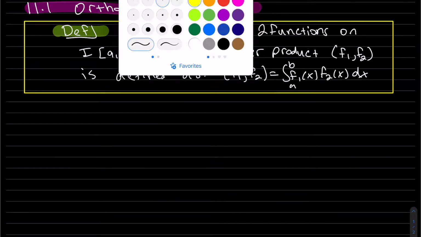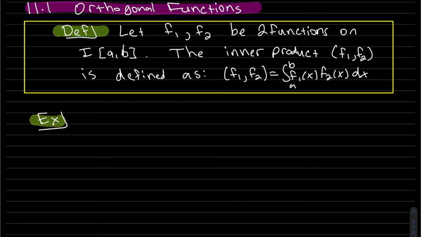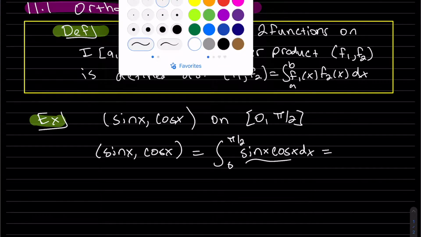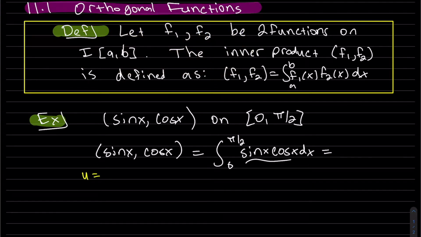Here's an example. The inner product of sine of x and cosine of x is the integral of the product of those two functions on the interval from 0 to pi over 2. So we are going to have to do a u-substitution. It doesn't matter which one we pick because they're both to the power of 1, but this will be easier because it's a positive derivative.